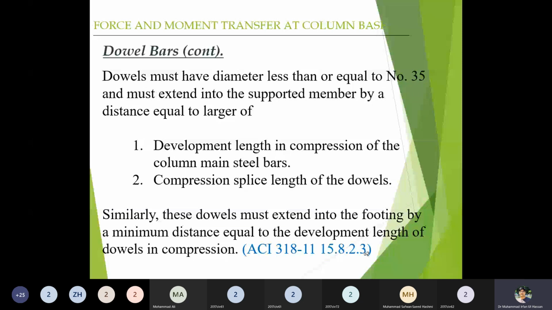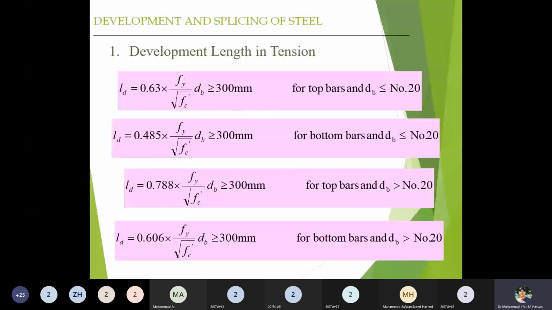these dowels are extended to the foundations. Now, how to extend these dowels, how to develop the steel, you definitely have to refer to the chapter on development and anchorage of reinforcement and bar diameter bond strength, because the expressions for development length and splice length for the dowel bar are taken from that chapter, ACI 318-11, or any code of any year, Chapter 15.